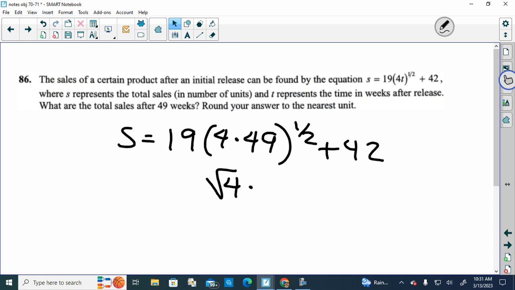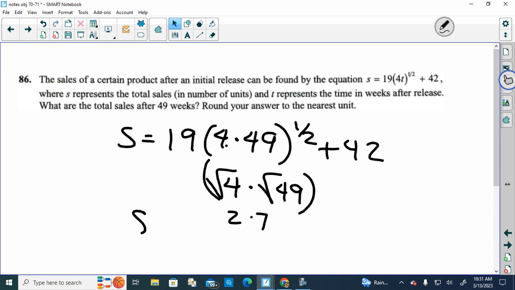So we're going to take a square root of both of these that are in here. If there was a top number, then that would be your exponent. You would take it to that power. But because it's in a fraction format, it's talking about what type of radical it is. What is the square root of 4? 2. Square root of 49? 7. So really we're going 2 times 7, which would make that 14.